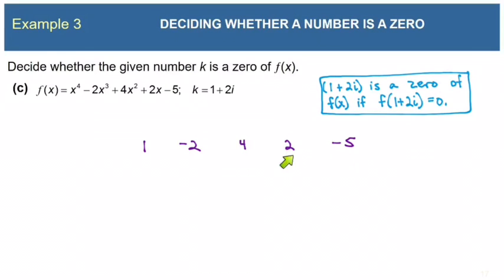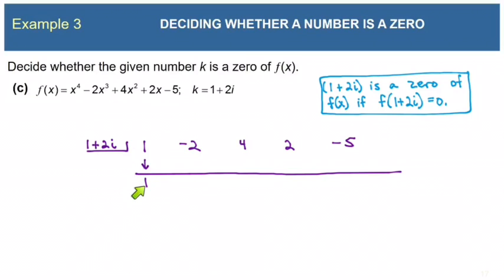And notice I've spread them out a little more than usual because I'm going to be multiplying by a complex number, and it has 2 terms, and it's going to take up more room. So I'm going to put that 1 plus 2i in the box. It's the same process, it's just when you multiply with complex numbers it can get a little more complicated.